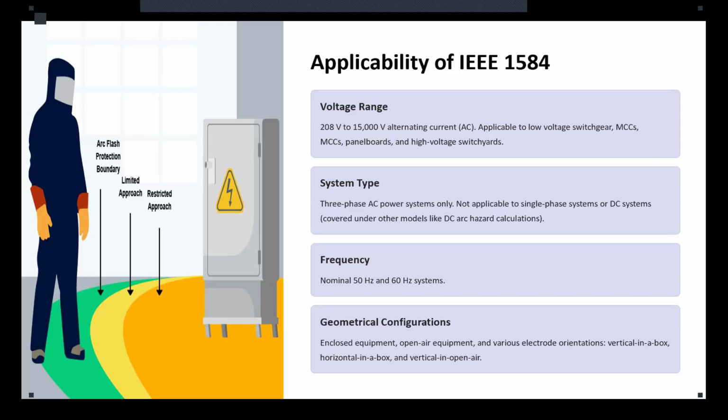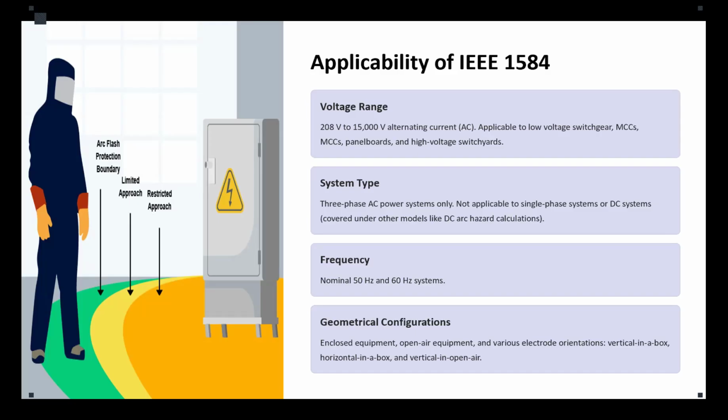The geometry significantly affects the directionality and the concentration of the arc energy. In VCB, vertical in a box, the energy is funneled directly outward toward the opening. In HCB, horizontal in a box, it's even more intense, hitting the worker directly.